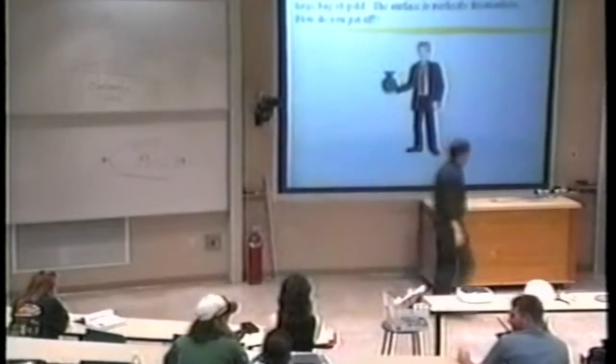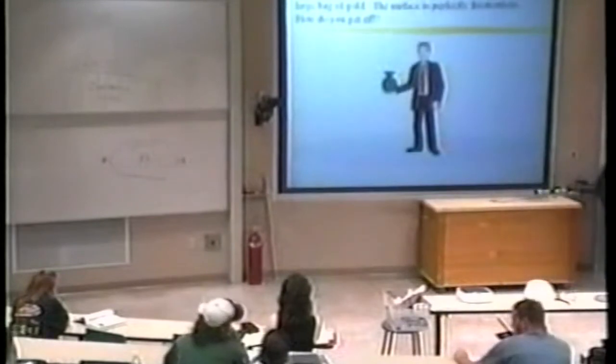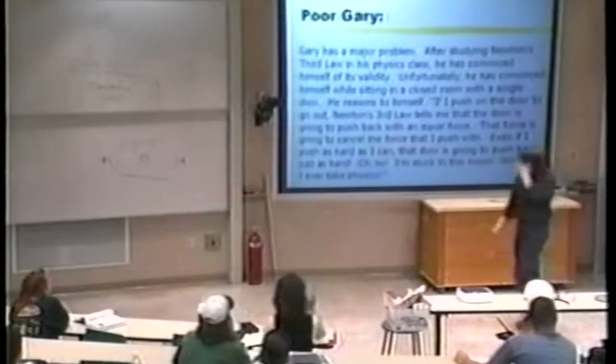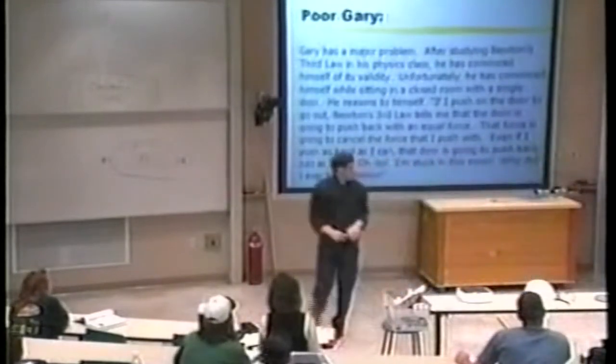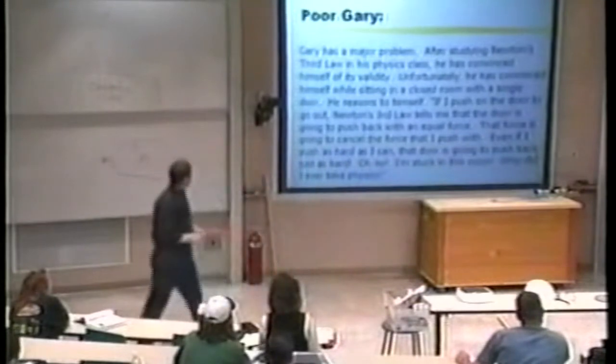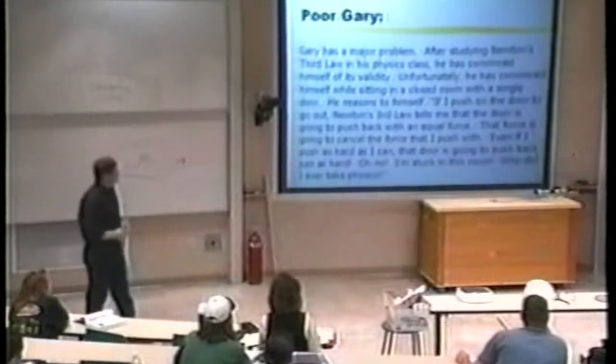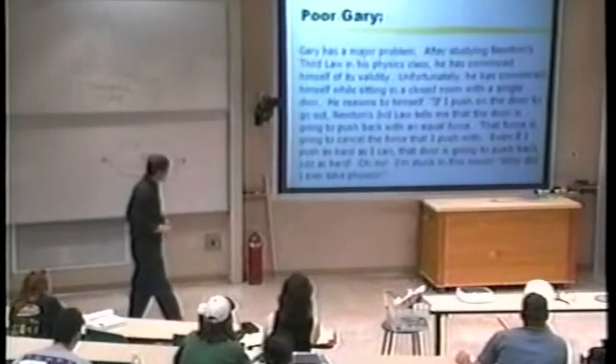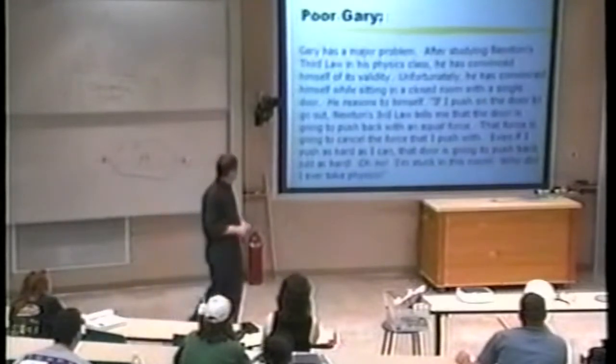Okay. Now, let's look at this problem here. Gary has a major problem. After studying Newton's third law in his physics class, he has convinced himself of its validity. Unfortunately, he has convinced himself while sitting in a closed room with a single door.